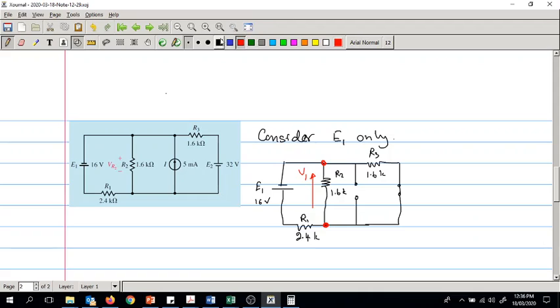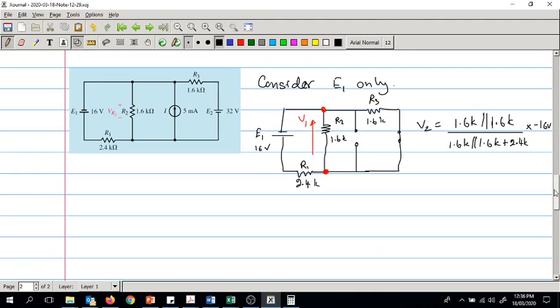So V2, we can write V2 using the voltage divider rule. That is 1.6K parallel 1.6K divided by 1.6K parallel 1.6K plus 2.4K, into minus 16 volts.